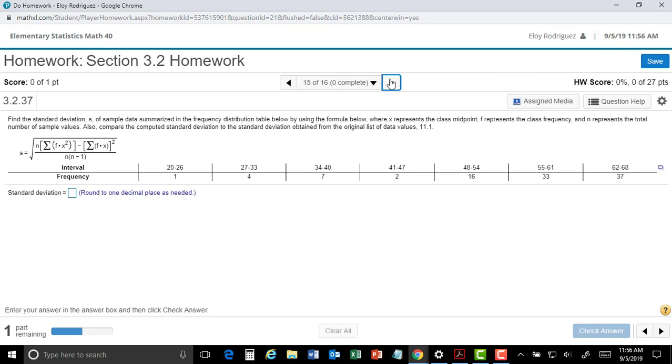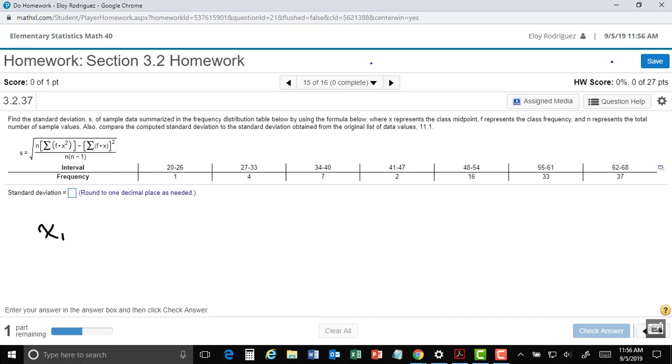Okay, so right here, for each x, in this case, I don't have the raw data, right? But I do have the midpoints. So the midpoint of every one of these cells is going to be used for my x. So let's do it like this. Suppose you have x sub 1. We're going to call x sub 1 the midpoint of the first cell.